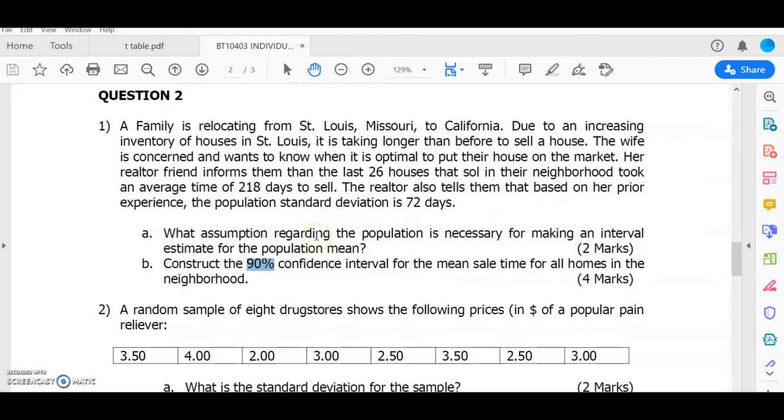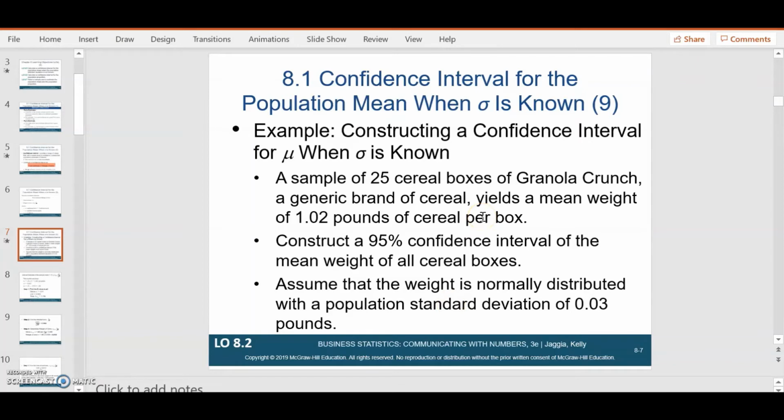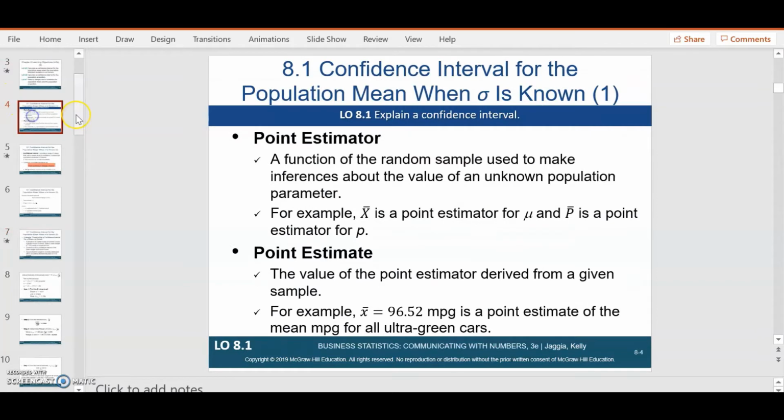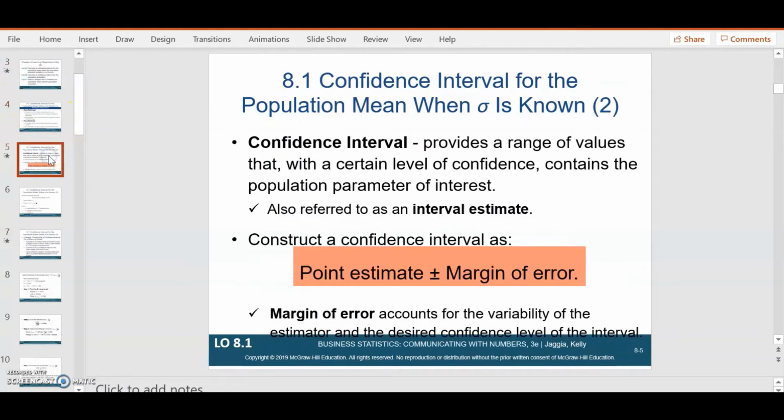So in order to answer question 2.1, you need to be able to understand what it means by interval estimate. So here from the slide, we will briefly discuss what the interval estimate is and what the purpose of estimating it is.